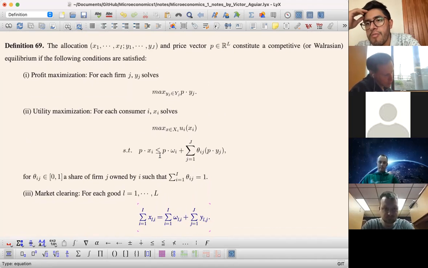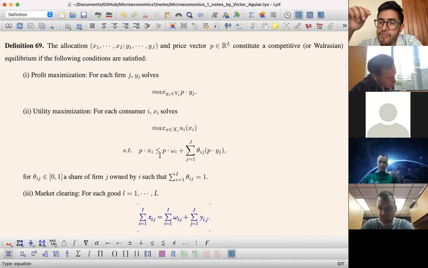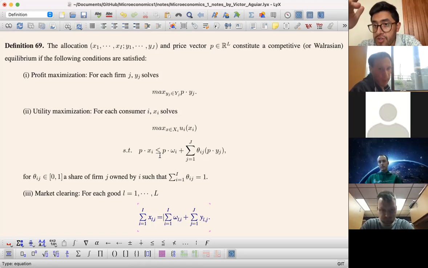Now, I want to make some comments here in order for you to really understand what's going on. The first thing here is that we're essentially checking three conditions: the economic allocation and the price satisfy them. In this sense, this is endogenizing the price, right? As you can realize, I can reframe these three conditions as a system of nonlinear equations that are going to be defining two variables.